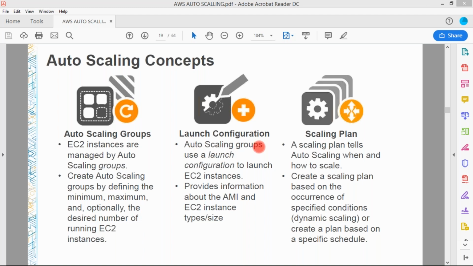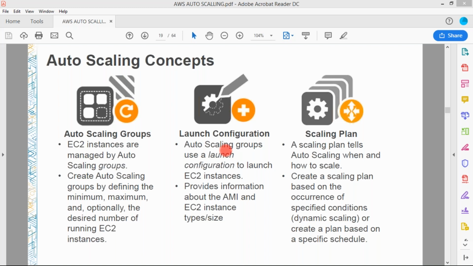The second thing is launch configurations. Auto scaling groups use a launch configuration to launch EC2 instances. So what kind of configurations have you provided? Suppose you have two instances in the auto scaling group in one availability zone, and if one instance goes down, then the auto scaling group automatically increases the number of instances in the availability zone.